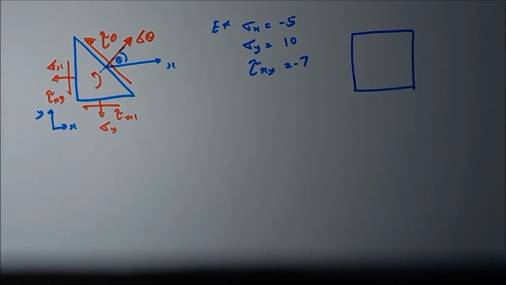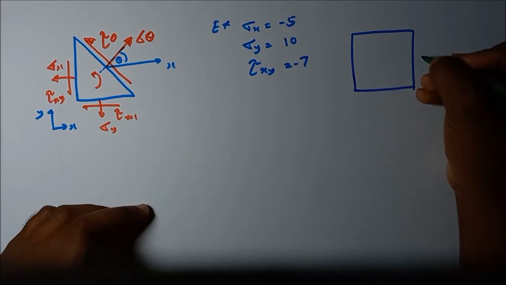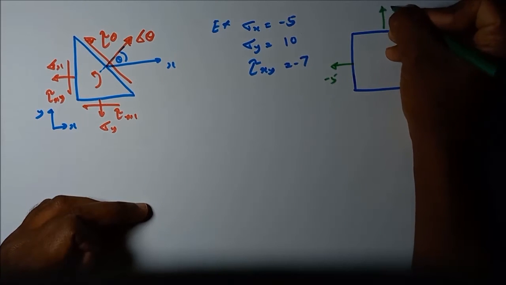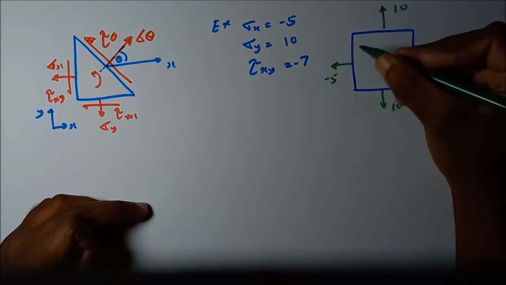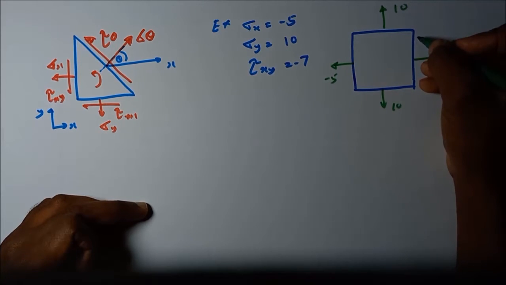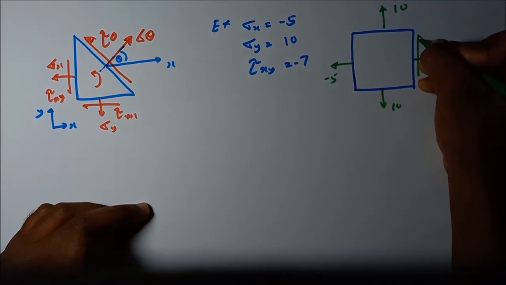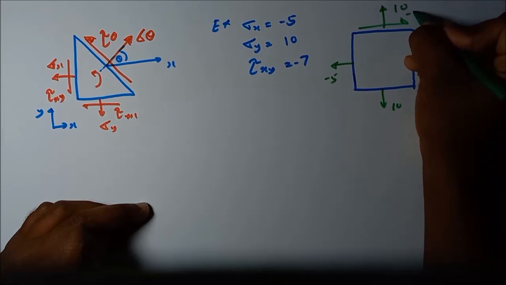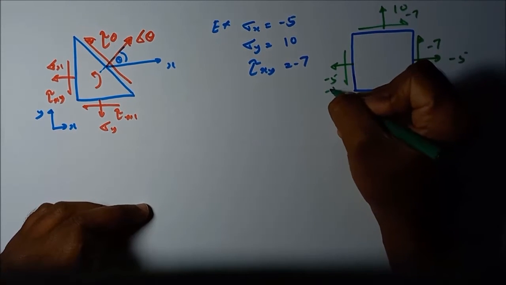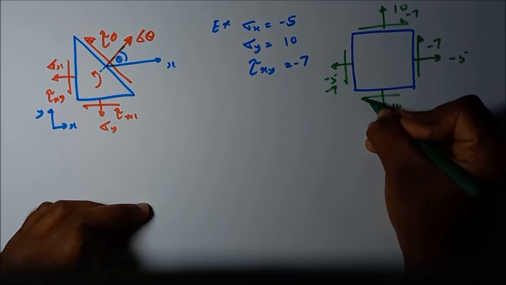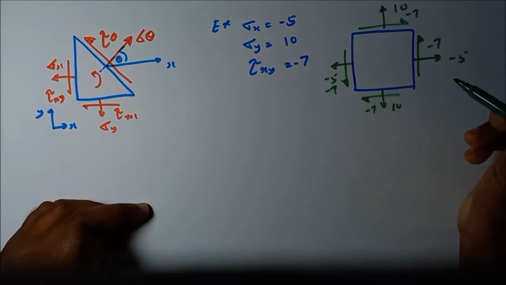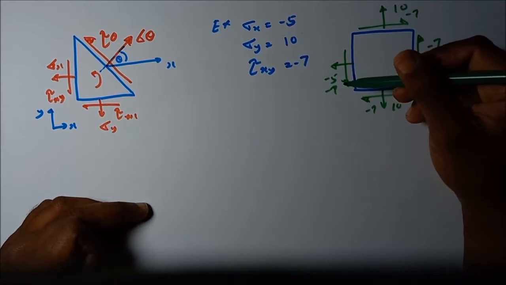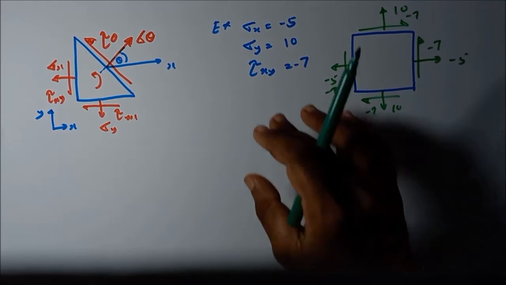You can see this is -5, here it is 10, and it's -7, and all four shearing stresses are equal. This is how we mark these stresses.